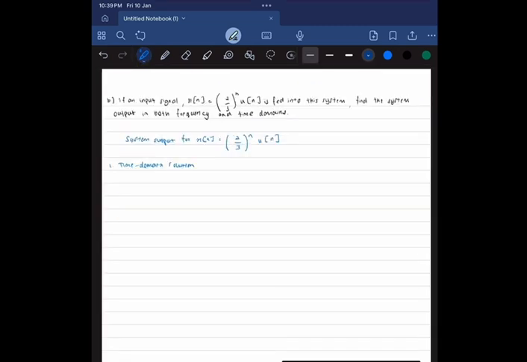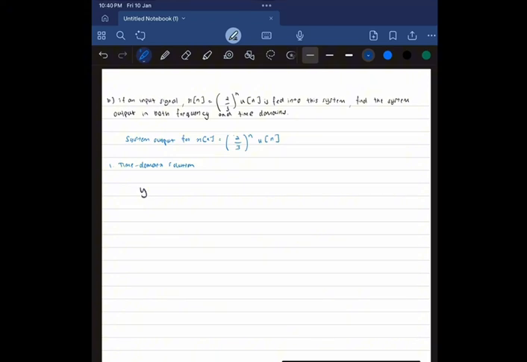Next is question B. If an input signal xn equals 2 over 3 to the power of n un is fed into the system, find the system output in both frequency and time domain. First we find the time domain, and then the frequency domain.